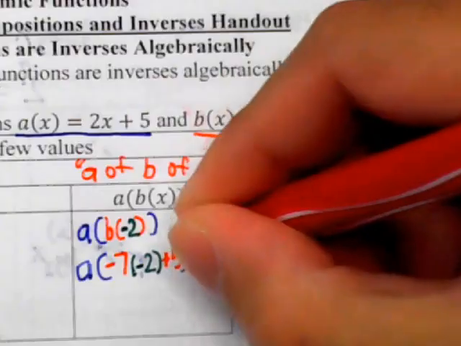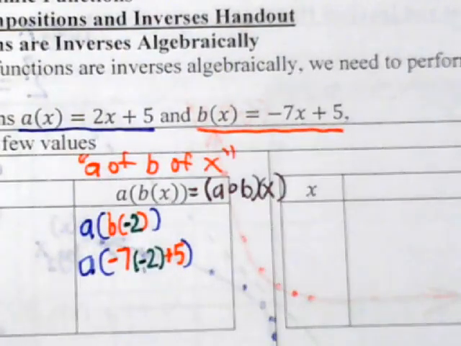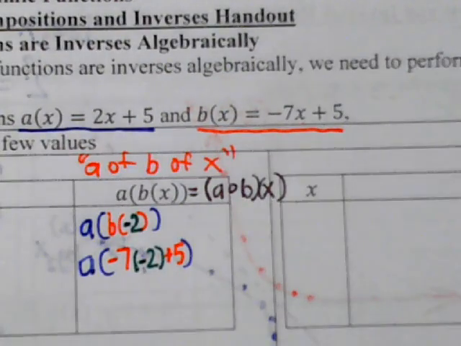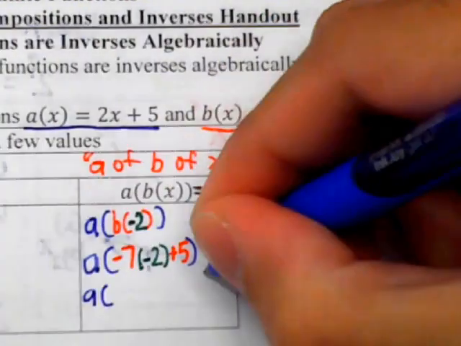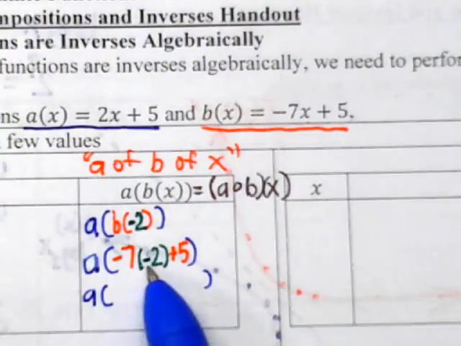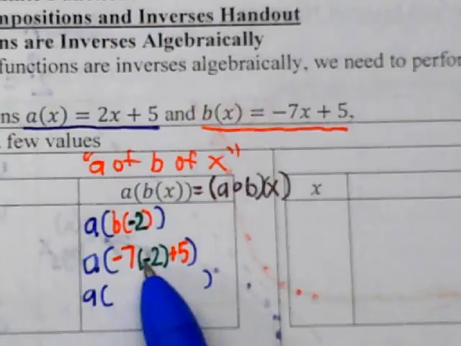Again, keep that outer A, but now take the inside and simplify. Negative 7 times negative 2 would be positive 14, plus 5 would be positive 19.